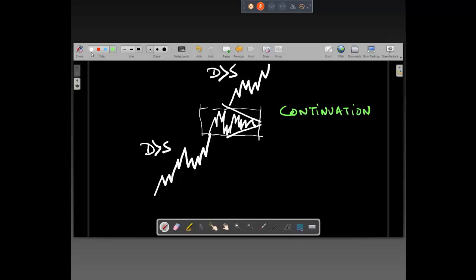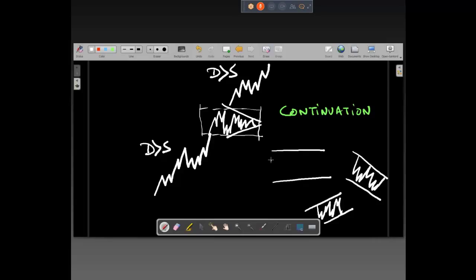Now, what are channels? Channels are essentially formed by two parallel lines. It can be a little tilted on the down. It can be a little tilted on the up. When channels like this shape up, it's called a flag. When channels that shape up are very horizontal in nature, those patterns are called rectangles.